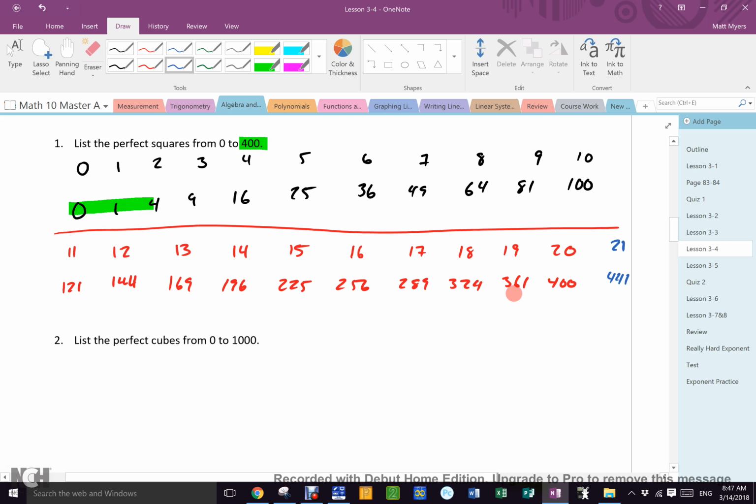Plus 27, plus 29, and so on, and you end up at plus 41. So the next one is going to be 484 because you add 43. Everybody cool?